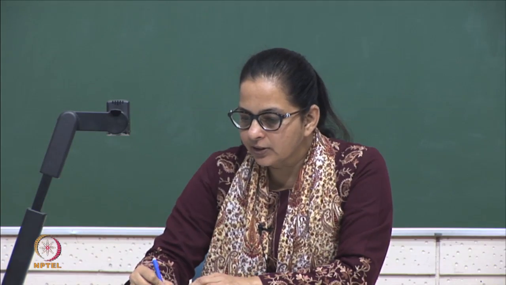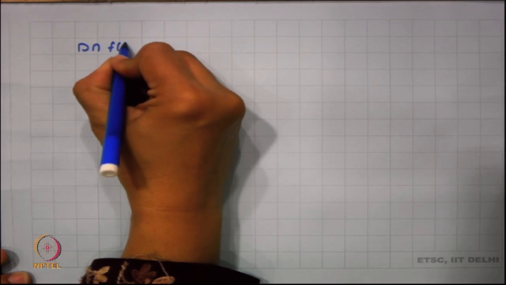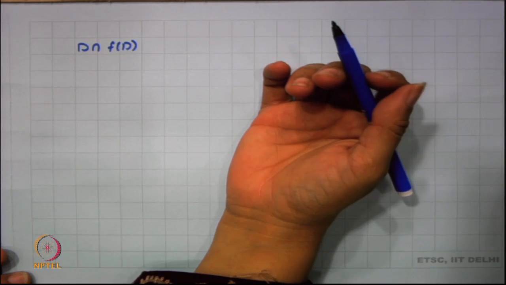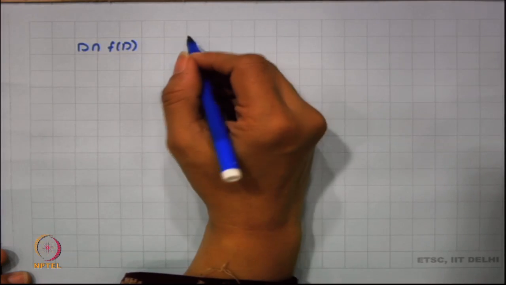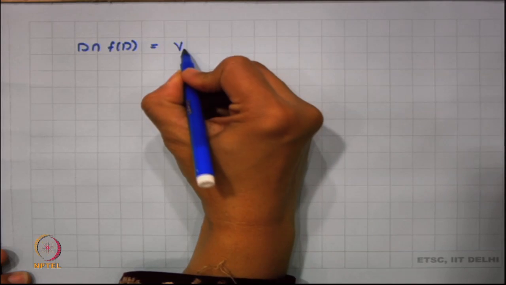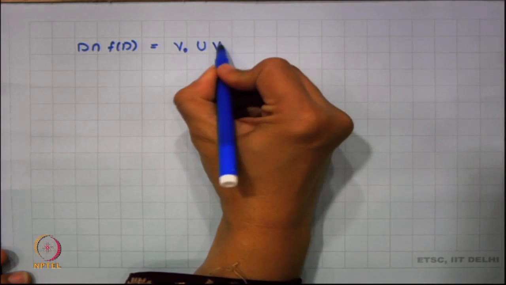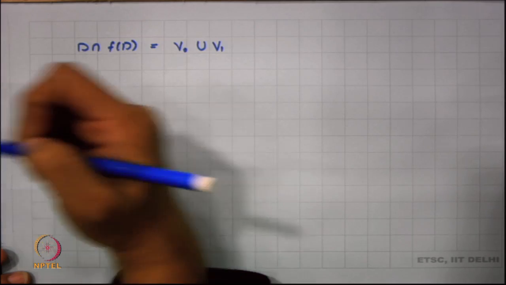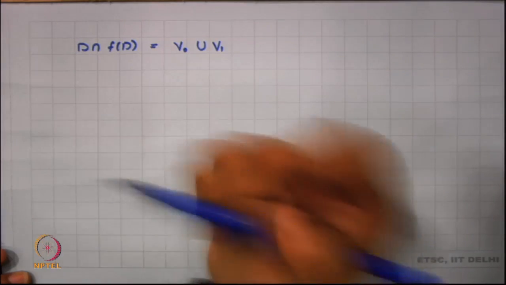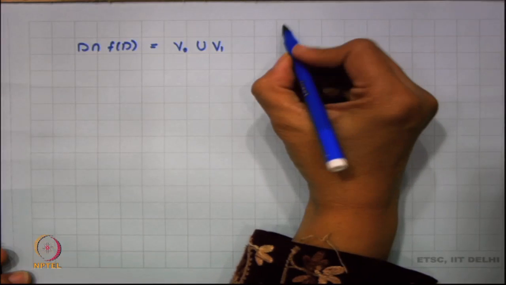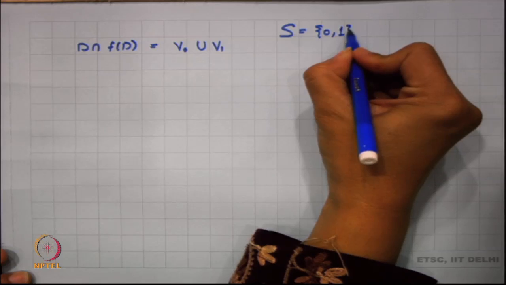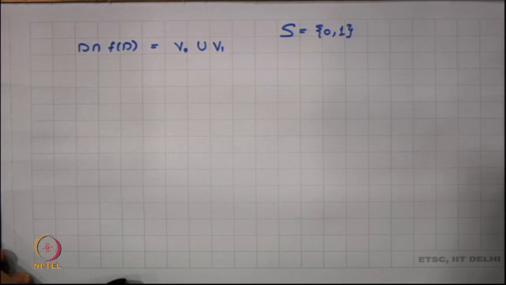Now, we already know what D intersection F of D is. We have seen that this is nothing but V 0 union V 1. If you can recall from what was done last time, this is just V 0 union V 1, and I can start with an indexing set S equal to {0, 1}.